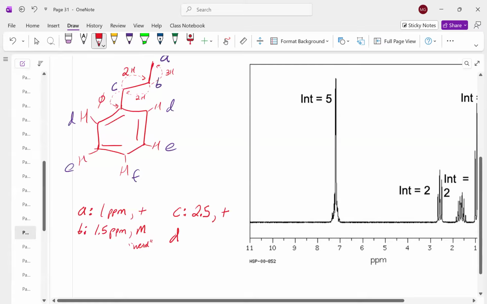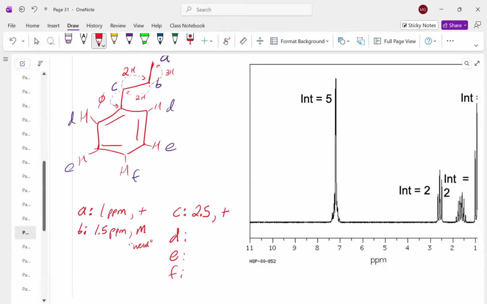All right, D, E, and F are all aromatic. I'd expect D to be a little bit higher than E and F, but somewhere between 7 and 8. Same thing for E and F. D is next to 1 E, so it should show up as a doublet.